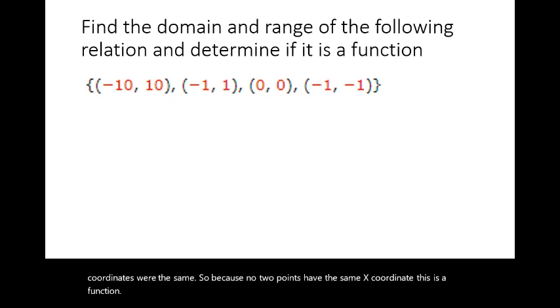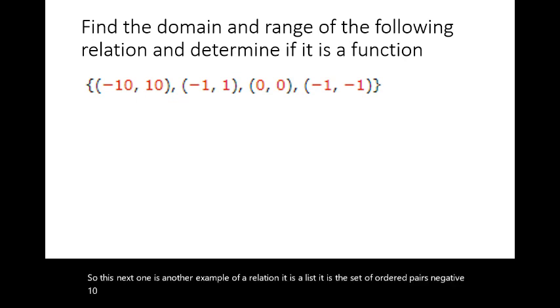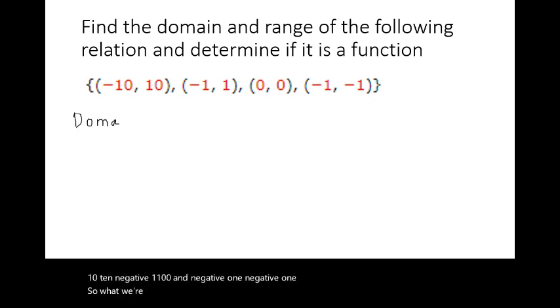So this next one is another example of a relation. It is the set of ordered pairs (-10, 10), (-1, 1), (0, 0), and (-1, -1). We're going to find the domain and the range of this relation and then figure out if it is a function.